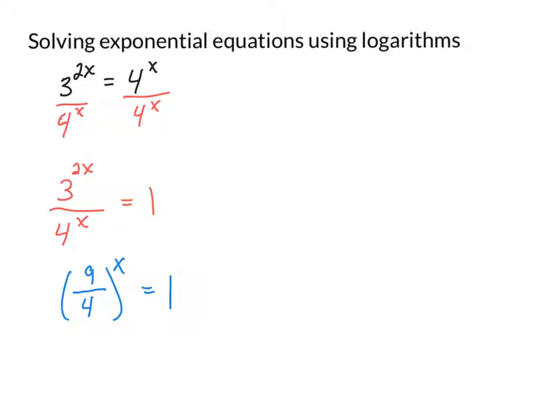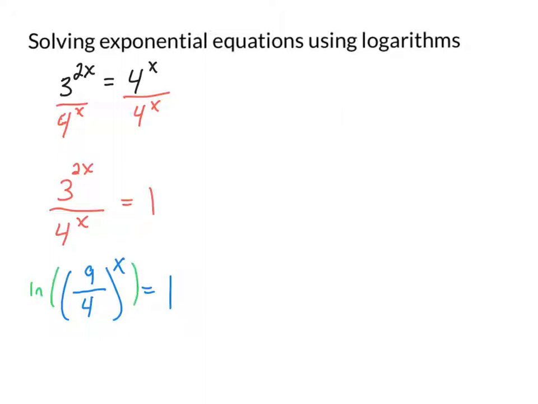All right, so what we're going to do now is, I have this 9/4 to the x, and our strategy before was to just take the natural log of both sides of the equation. So let's go ahead and do that.